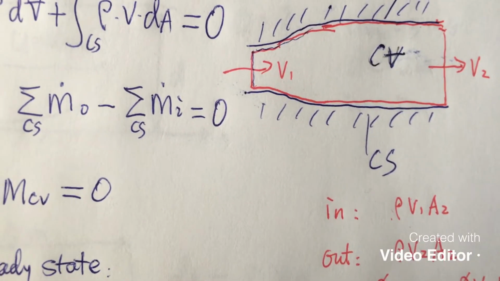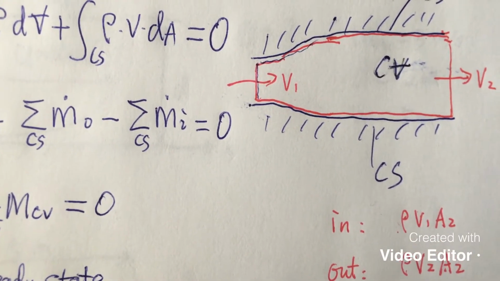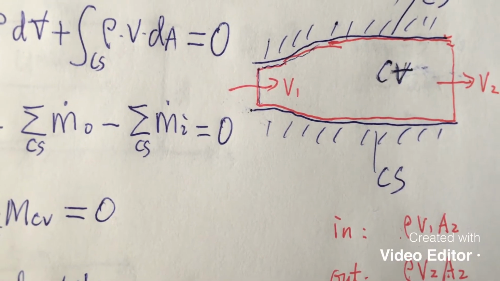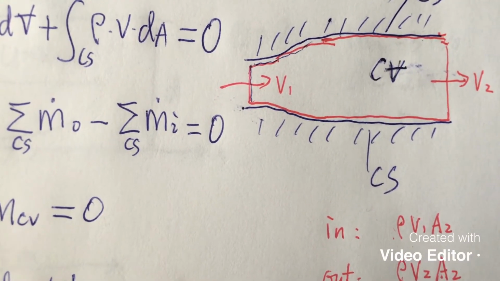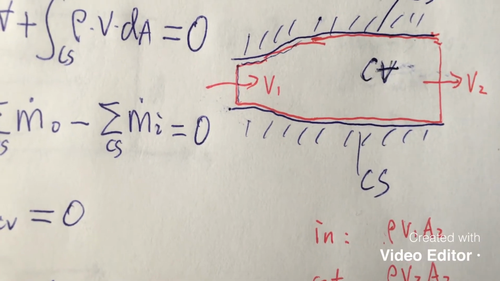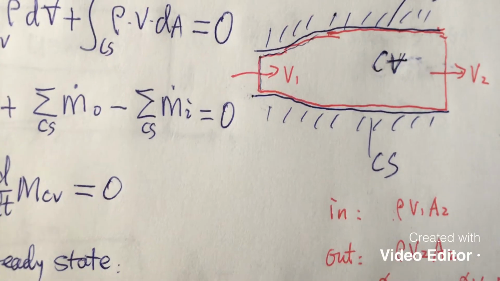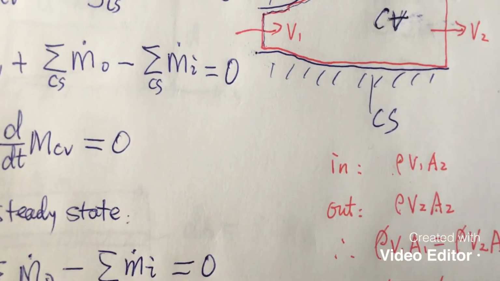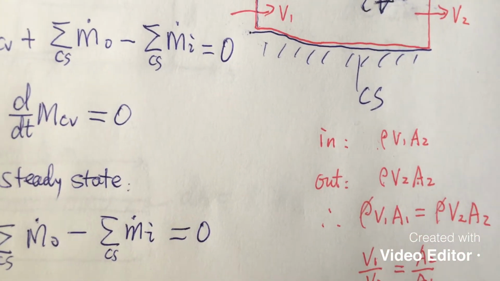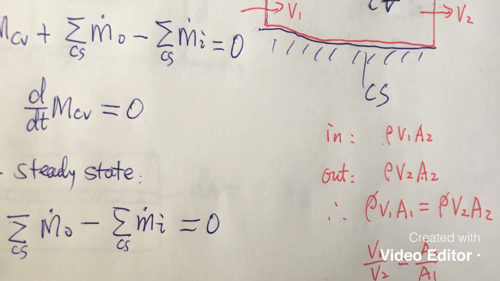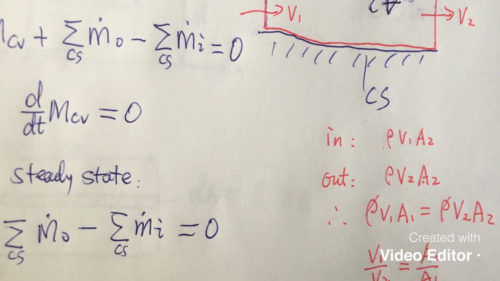It is uniform velocity as we said before. V1 is uniform, it's constant on the inlet cross section. V2 is constant, right? V2 on the outlet cross section. So for this problem, the equation will be mass flow rate in equal to mass flow rate out.